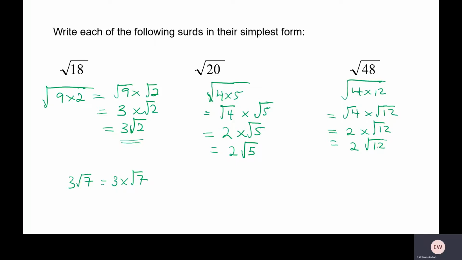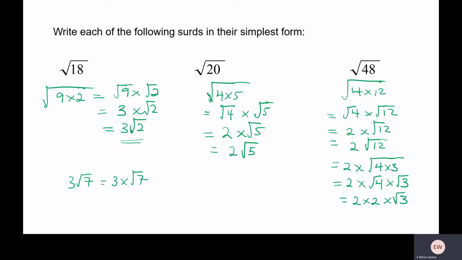So we can write this as 2 times root of 4 times 3. And this is equal to 2 times root 4 times root 3. So this will give us 2 times 2 times root 3.